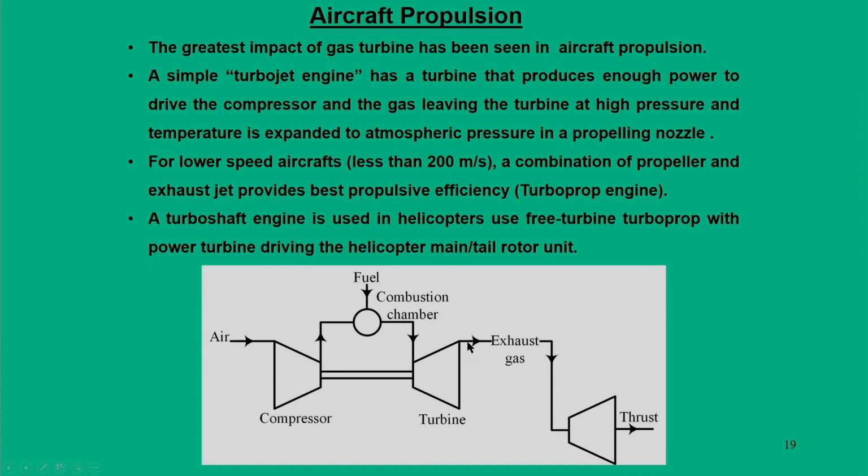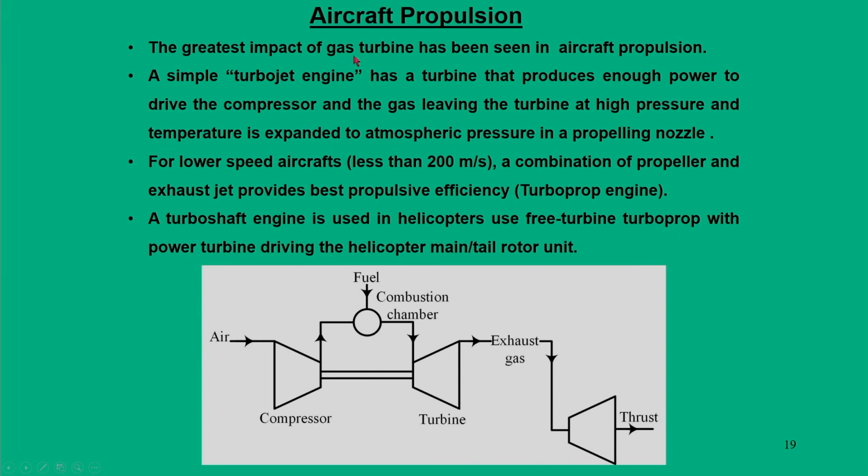The other is that the exhaust gas is fed to a nozzle, and that nozzle gives the thrust. There is only one shaft; the turbine drives the compressor, but the exhaust gas expands through a nozzle that gives the thrust, and this is the main concept of a simple turbojet engine.